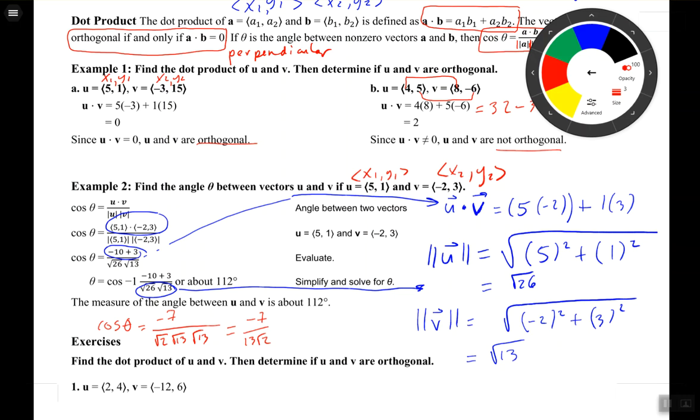And then to find that angle, do I have to take the inverse cosine of that ratio? Yeah, I do. So I'm going to do cosine inverse of -7 over 13 square root of 2. And when you do that, you get 112.